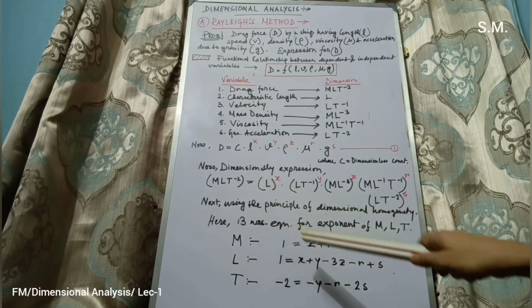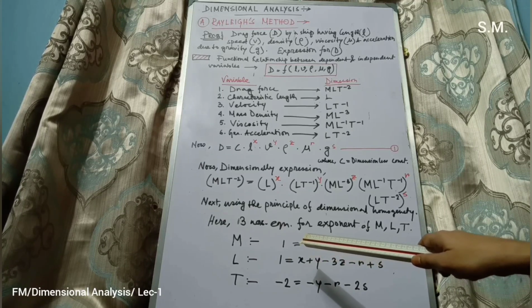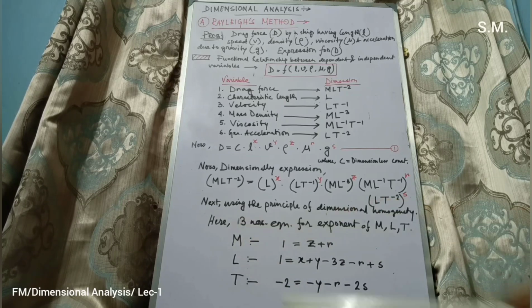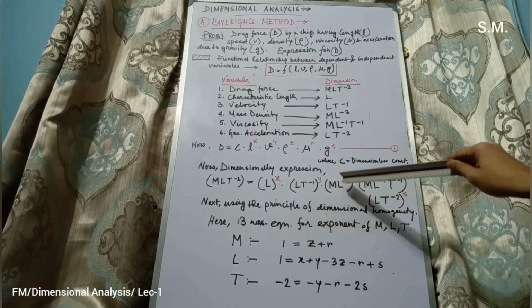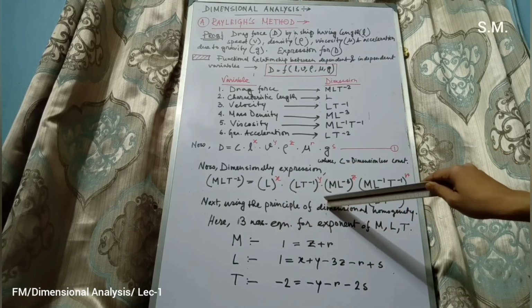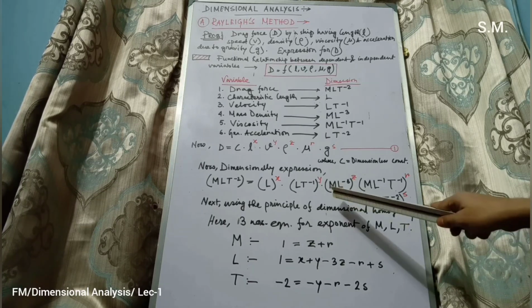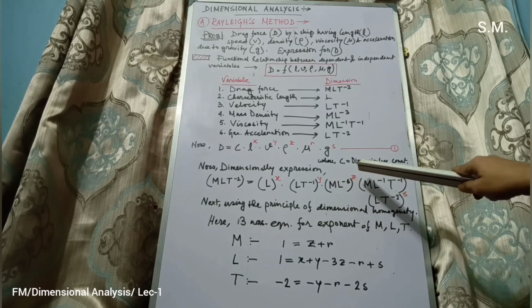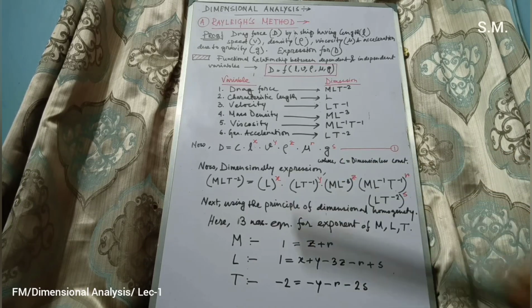Then we find where M is on the right. Here is no M, here is no M, here is M: in density, M L inverse 3. The power of M is 1, and the overall power is z, so 1 into z, ultimately z.